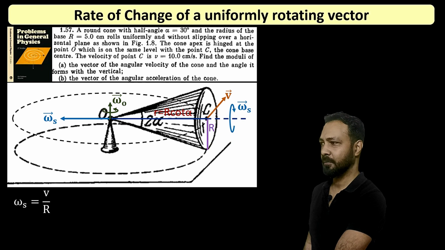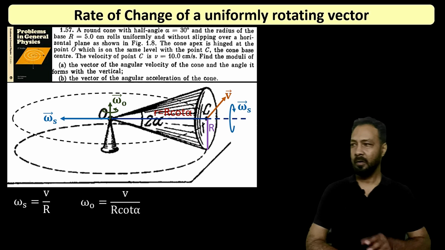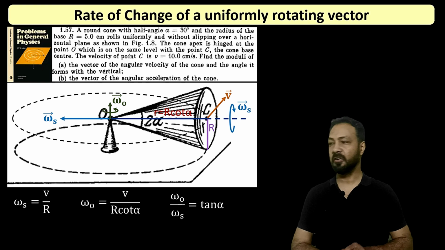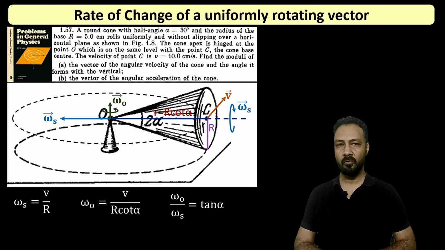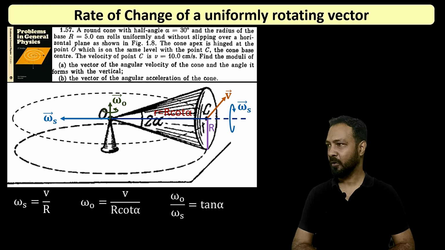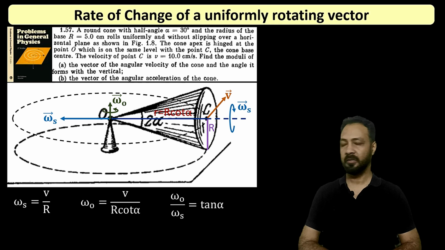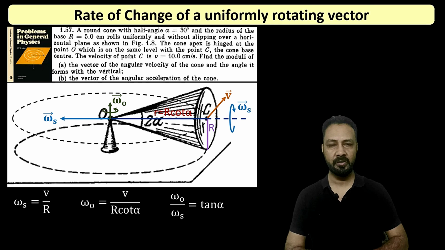I think that should be clear. And if you look at this velocity, and the distance from here is r cot alpha, so this omega O must be v upon r cot alpha. So these two things we've got. If I divide these two, you will get omega O by omega S is tan alpha. Simple division.